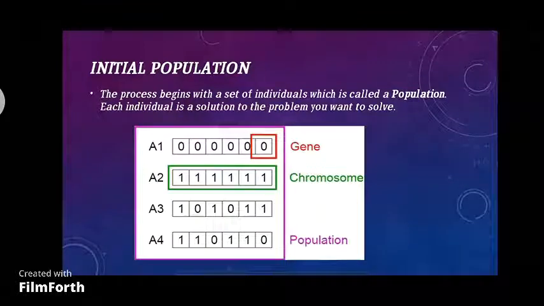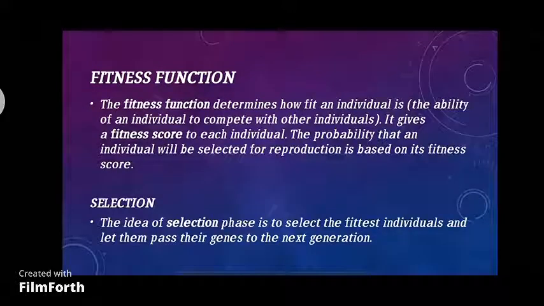First is the initial population. The process begins with a set of individuals which is called a population. Each individual is a solution to the problem you want to solve. Next is the fitness function. The fitness function determines how fit an individual is, meaning the ability of an individual to compete with other individuals.